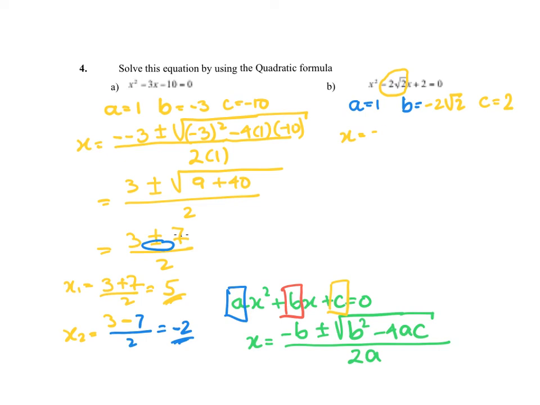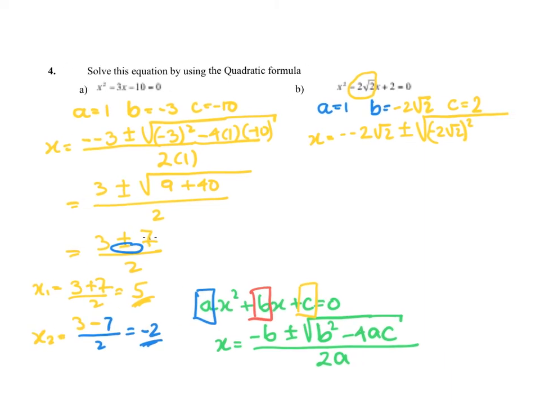Negative negative 2 square root of 2 plus minus, and it's just substitution: negative 2 square root of 2 to the power of 2, then take away 4 times 1 times c, which is 2, divided by 2 times a, which is 2.